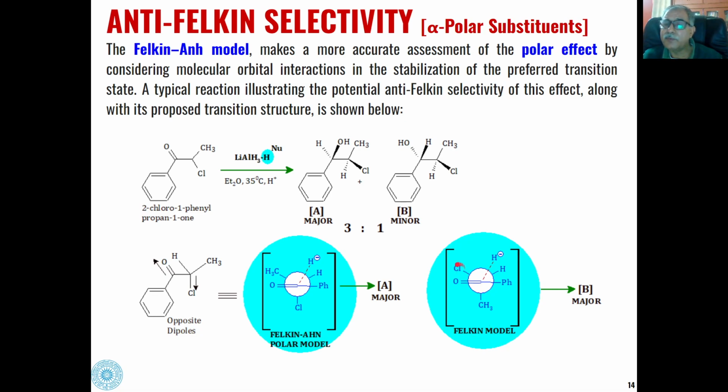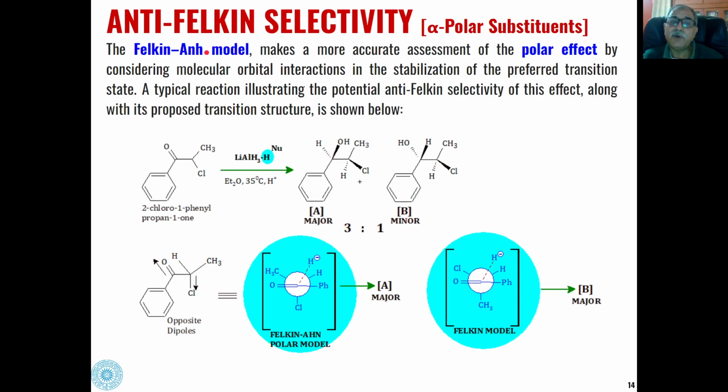The nucleophile, which is hydride ion in this case, has to attack from the smallest substituent side, and this will lead to the formation of this product, B product.